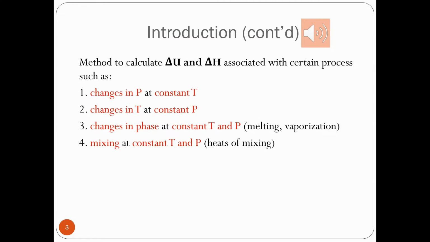And lastly will be mixing, so we have a mixing of two liquids or dissolving of a gas or a solid in a liquid at constant temperature and pressure. So we need to go step by step. But you need to remember that we can only change one thing at a time, leaving the rest constant. So you need to have this procedure or certain process to be included.